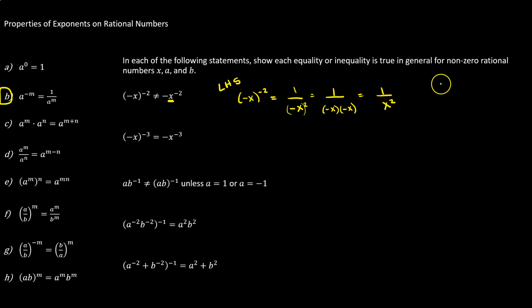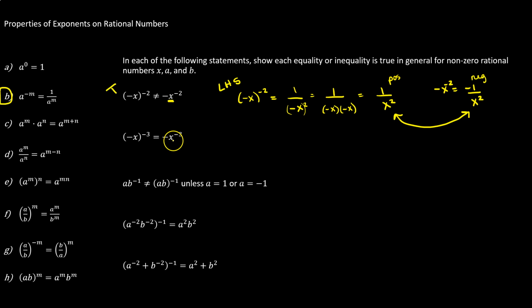So then we would write this as negative x to the negative 2, or negative 1 over x squared. And at this point, we can see that there's nothing that's going to make those two things the same. They look similar. One is negative, the other is positive. So they're definitely not equal. This one is a true statement.